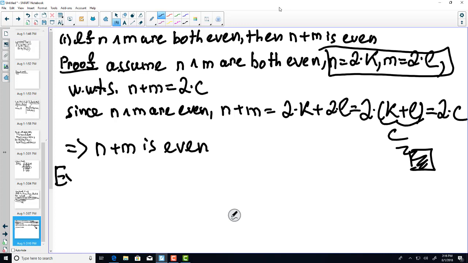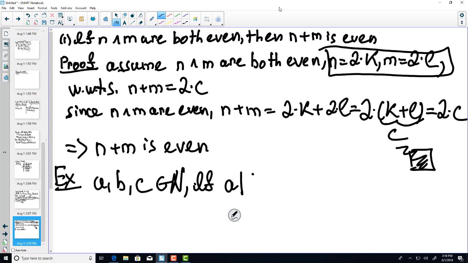One more example. Let a, b, c be integers, and we want to show that if a divides b and b divides c, then a divides c.